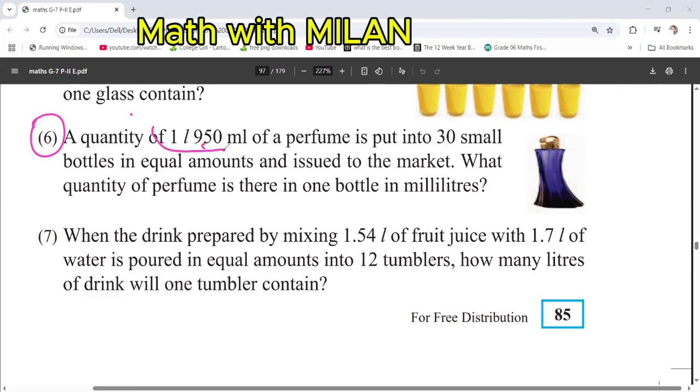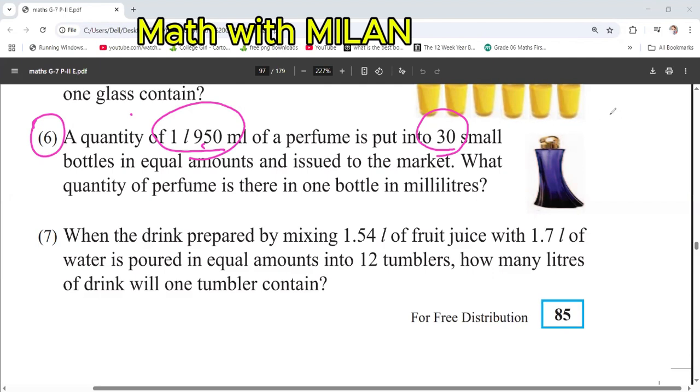This is the total amount of the liquid, and it is supposed to be put into 30 bottles, right? So you need to divide this by 30 to get the quantity of perfume within one bottle.